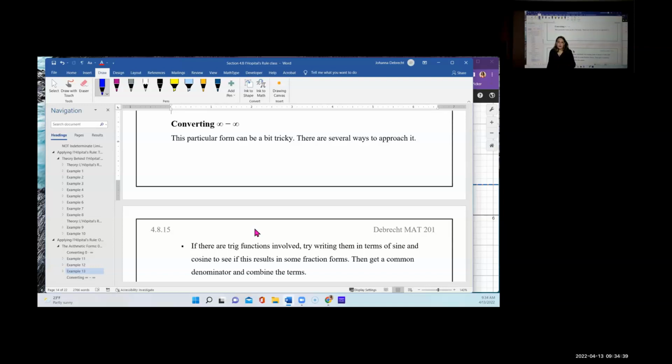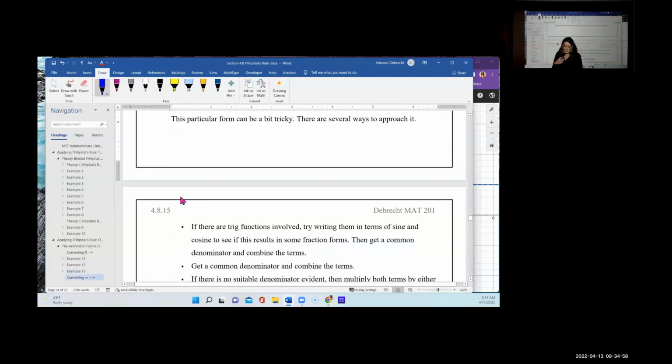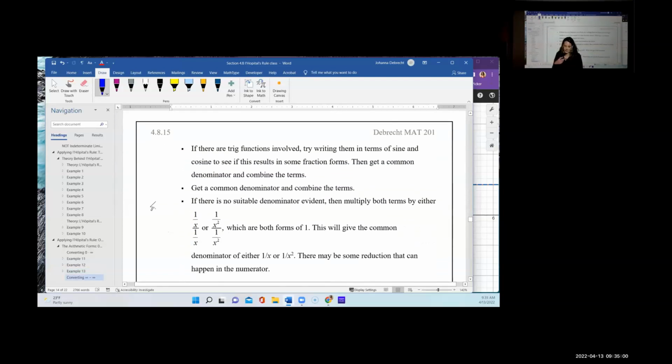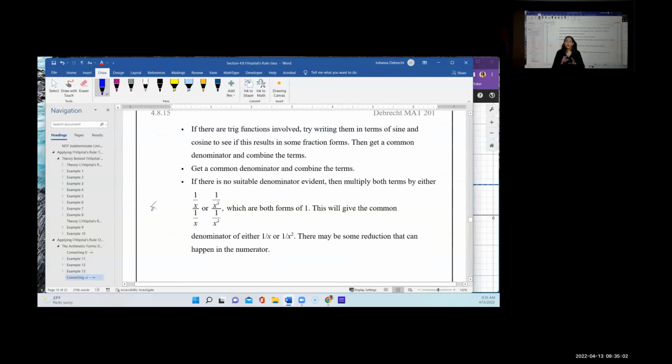When we don't need the conjugate pattern, what we typically do is we just artificially impose a fractional form on it. So we'll multiply by either 1 over x over 1 over x or 1 over x squared over 1 over x squared. If there are trig functions involved, you can see whether or not rewriting them in terms of sine and cosine might give you a fractional form and then get a common denominator.